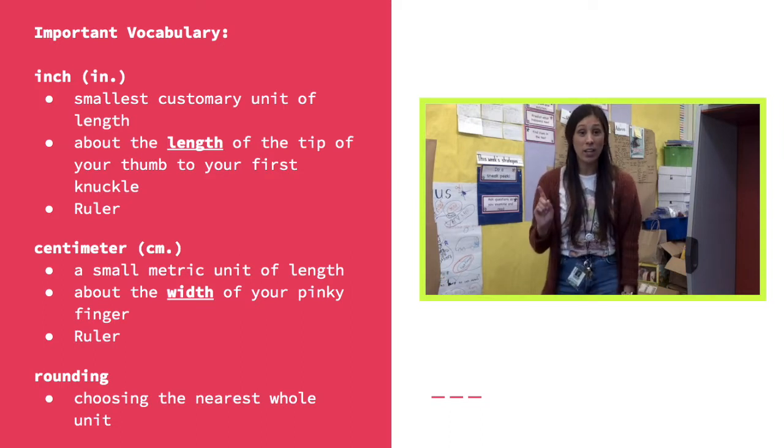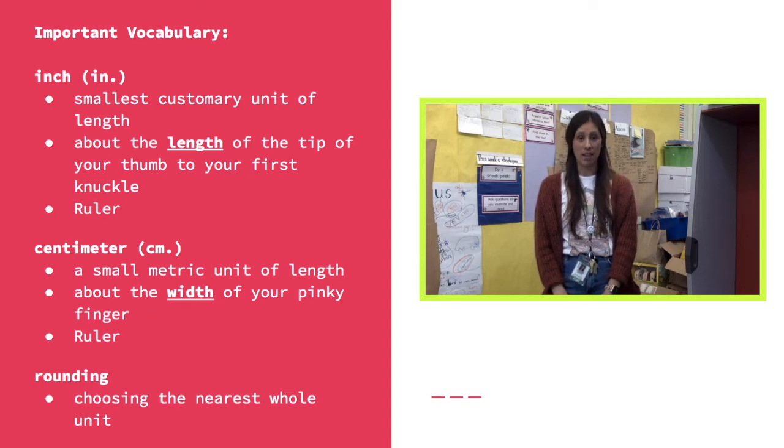And we have one new vocabulary word today, and that word is rounding. Can everybody say rounding? Nice job. And rounding just means choosing the nearest whole unit. So remember, we've talked about whole units or whole numbers this year, and we've also talked about fractions. So those two words go together.